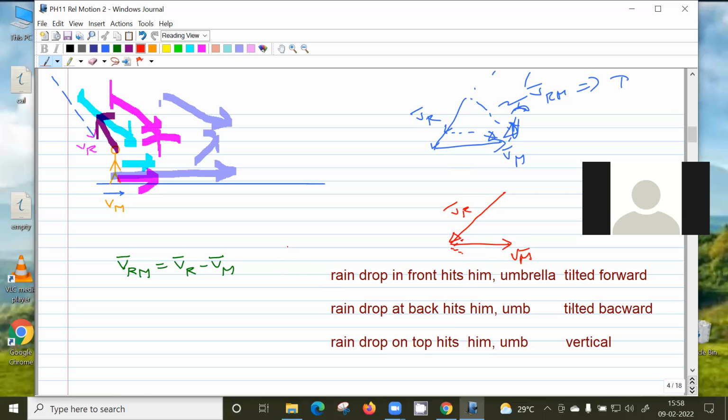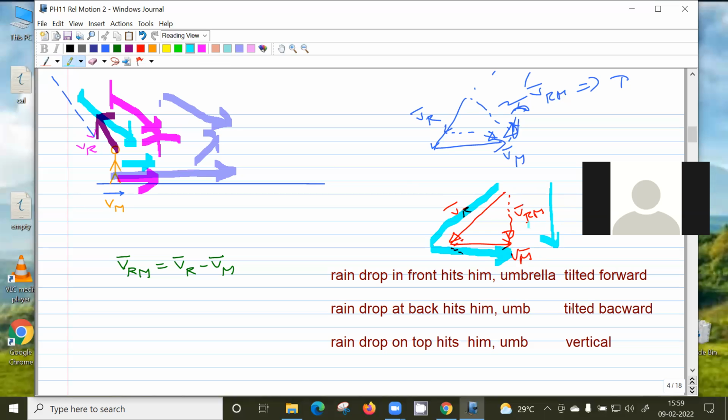So this is VR plus minus VM, that will be in this direction. This is the resultant, right? So this is VR plus minus VM. That is VRM.